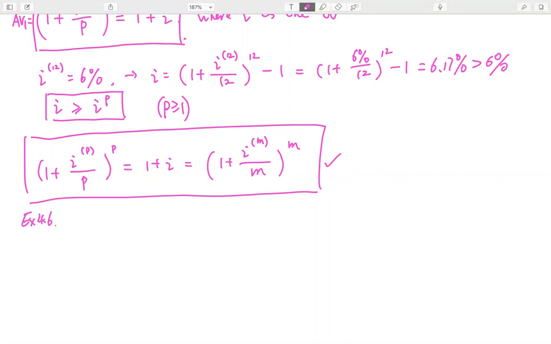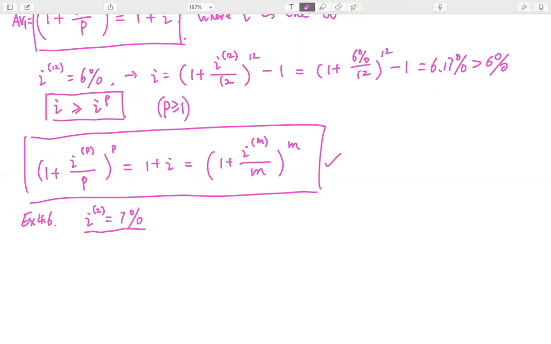What do we have? We have biannually. The textbook uses biannually, which means semi-annually. So we have the nominal interest rate I upper 2 is 7%. This will always be our notation: the superscript denotes the compounding frequency, P. If it's biannually, it's compounded twice a year, so P is 2.